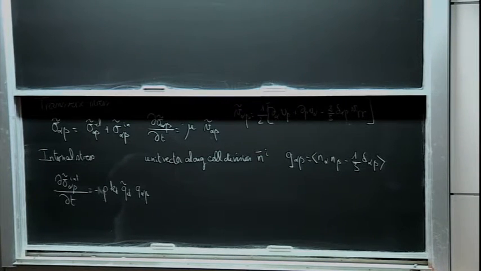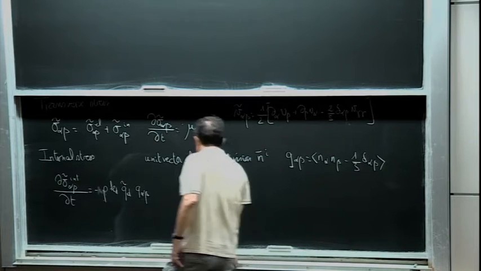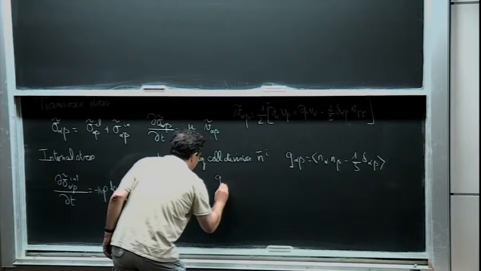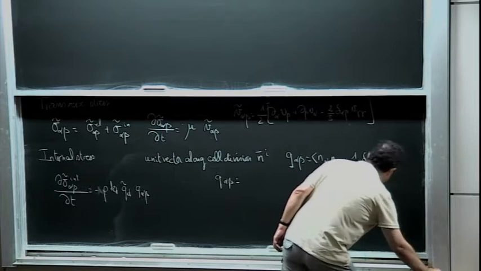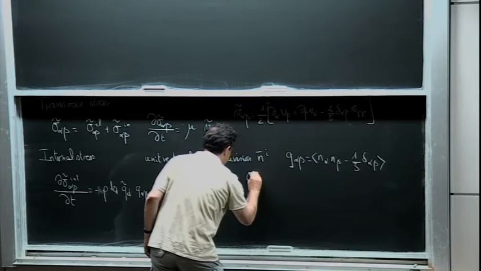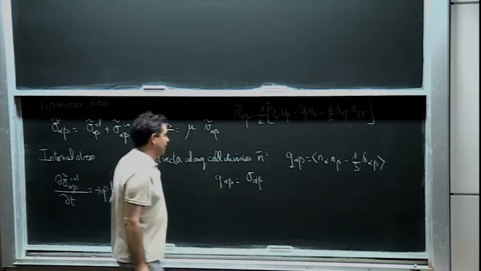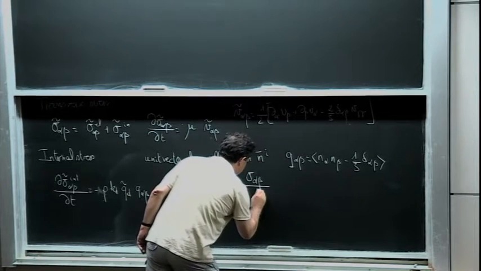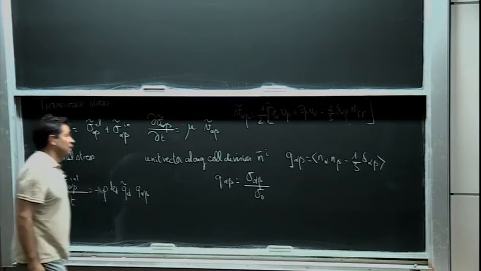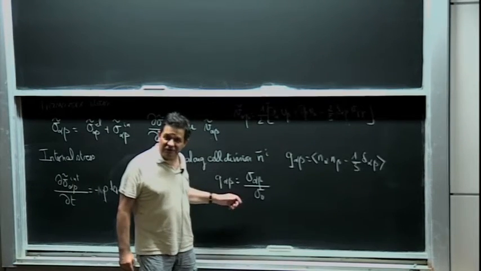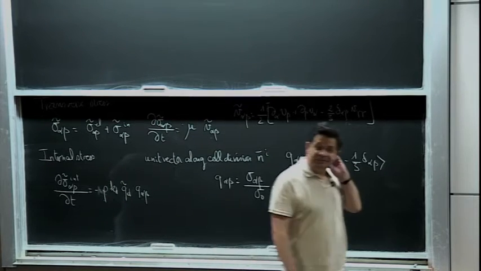If I want to make a linear theory, I can just write that Q alpha beta equals sigma alpha beta, and then I will divide by a constant, sigma naught. And what sigma naught tells you is what kind of stress I need to exert to orient the cell division.